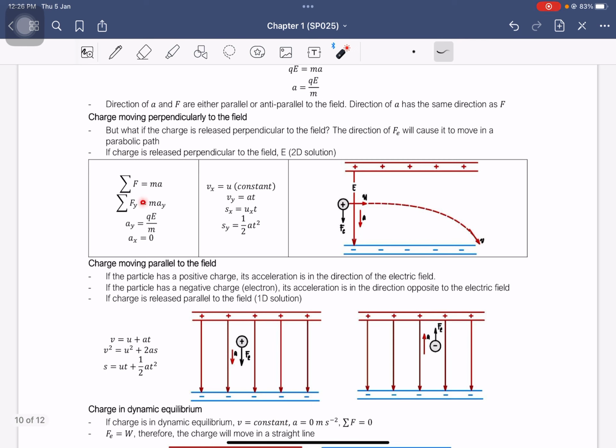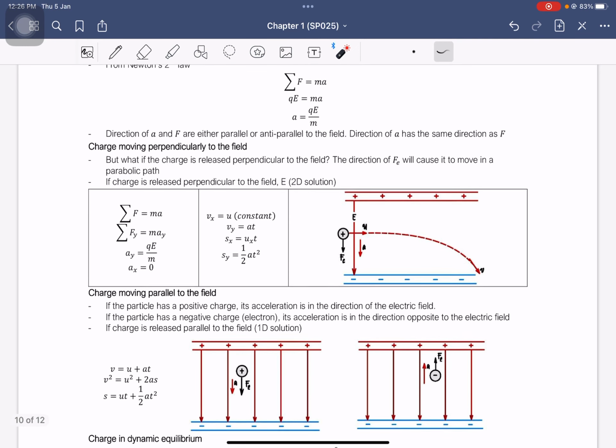It's going to have y and then the x component. Perpendicular to the field, so they would have an x and y component. Sorry, I got a little bit confused just now.